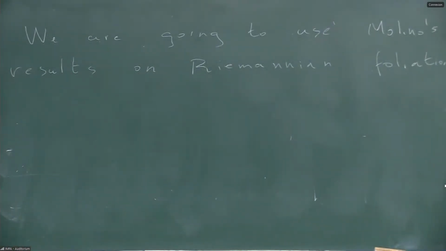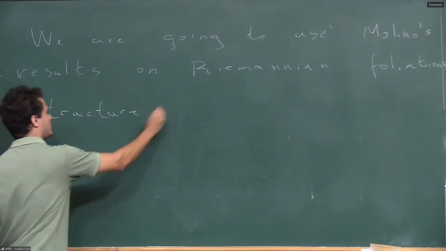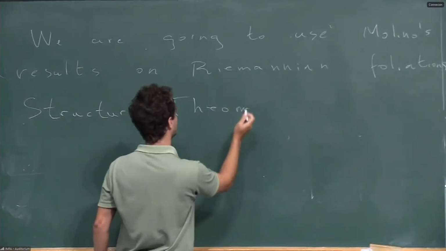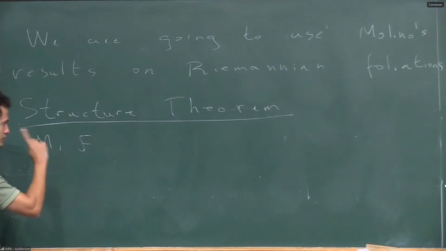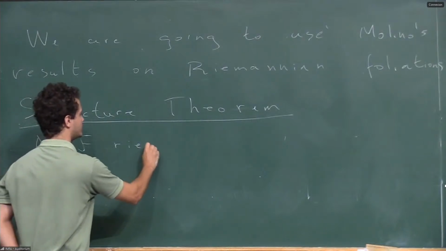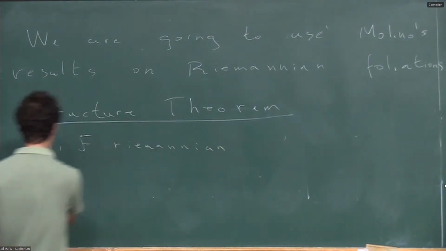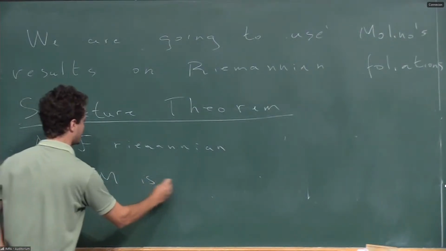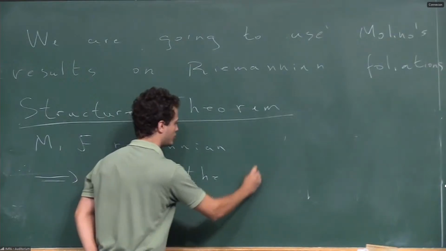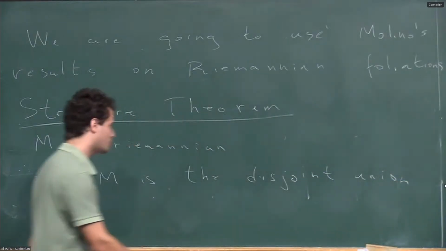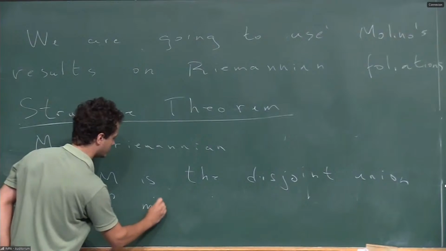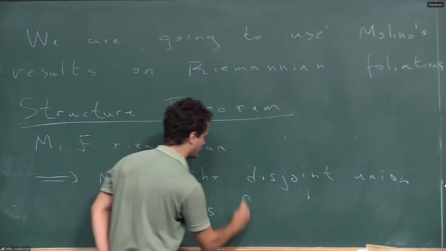One important result is a structure theorem, which says the following: if M is a manifold and F a Riemannian foliation on M, then M is the disjoint union of minimals for F.